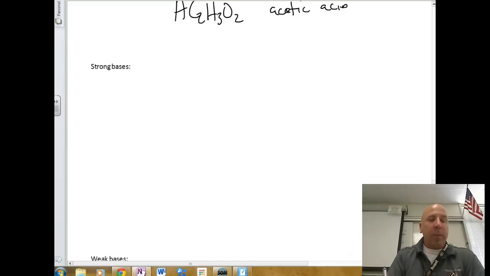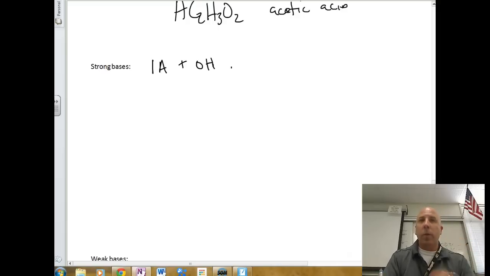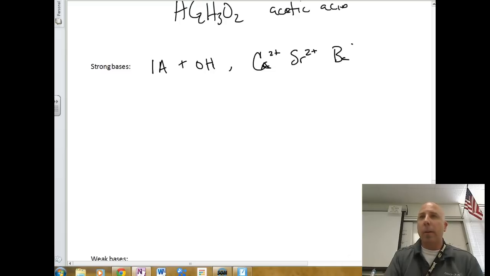Okay, on strong bases, bases are going to be, as we said before, something that accepts a hydrogen ion but donates a hydroxide ion. And so the bases that we are dealing with for strong bases are going to be our alkali metal ions plus the hydroxide ions, and also our calcium ion, our strontium ion, and our barium ion.